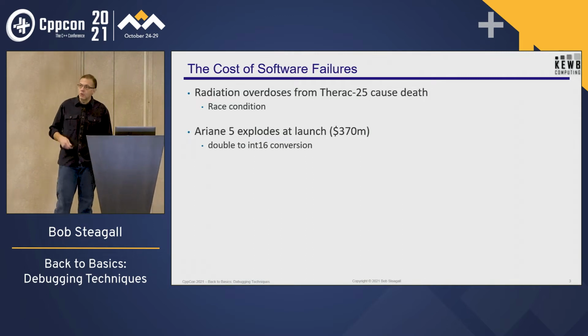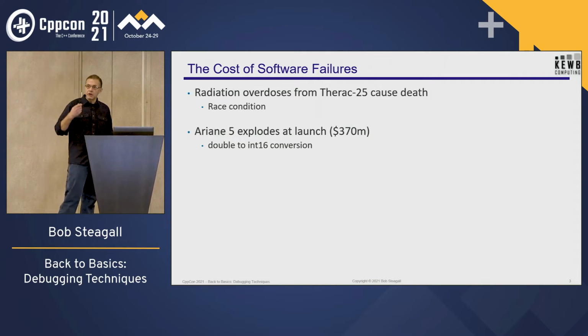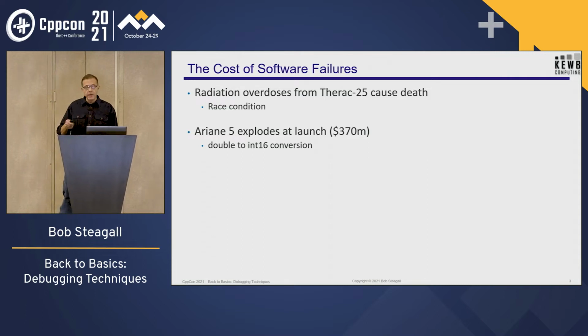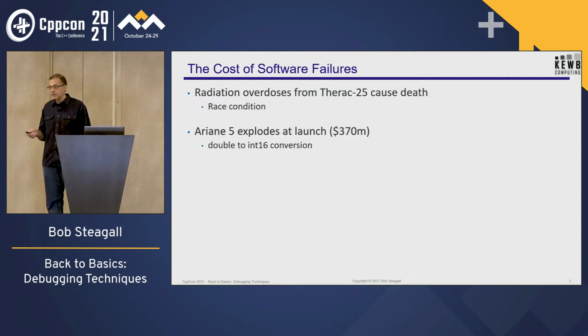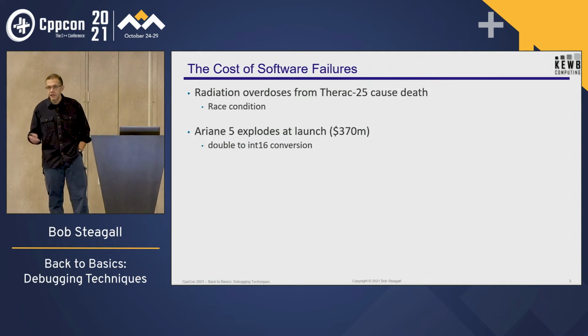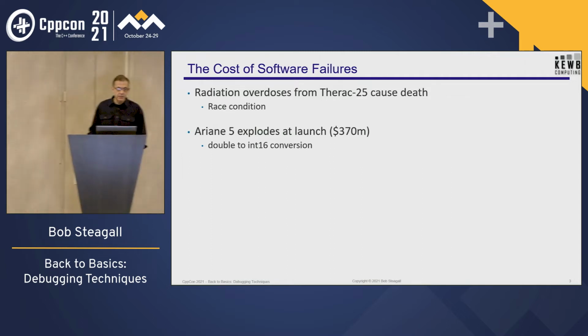Well, guess what? When the value got greater than 32,767, it wrapped around, and the value in the double suddenly was nonsensical, and the value in the int16 became nonsensical, which was controlling a flight control thing, and it caused the rocket to vibrate and blow up. And it cost $370 million.